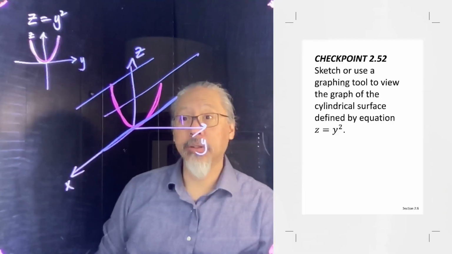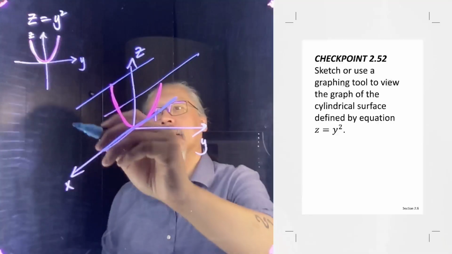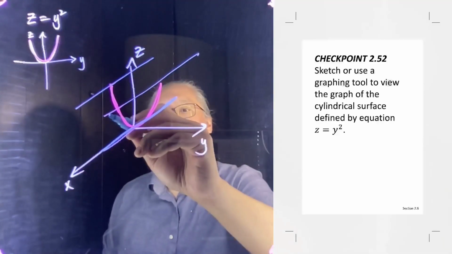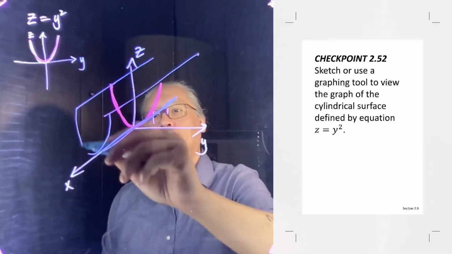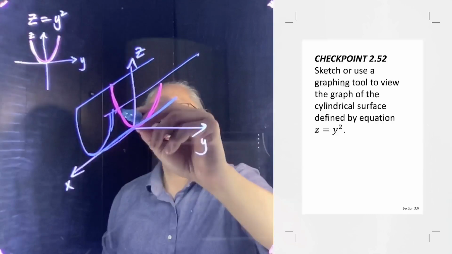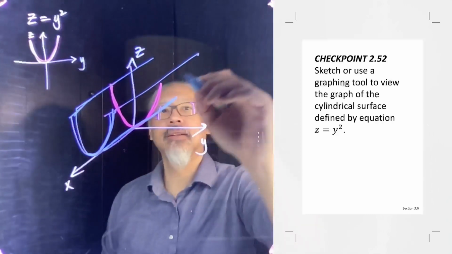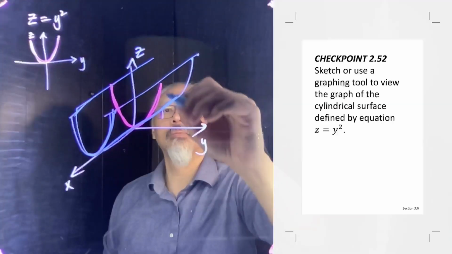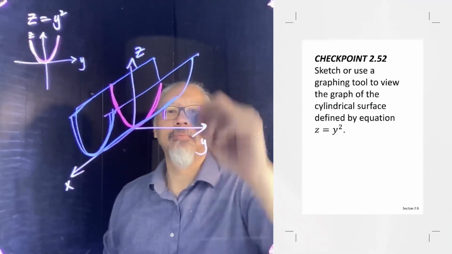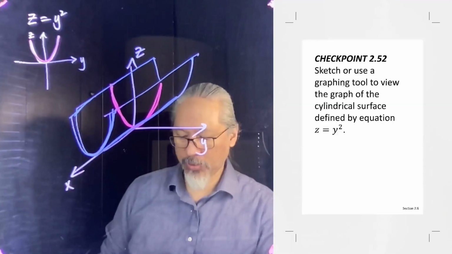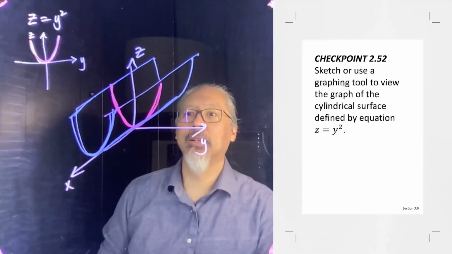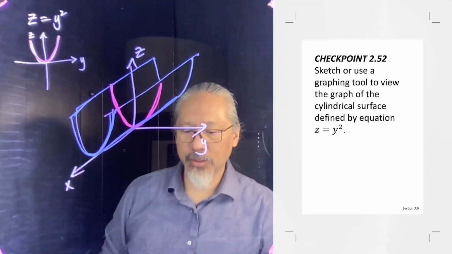And then to connect them, I would try to draw the same graph, so maybe it looks something like that over here as well behind, and then I have a trough-like shape that's open on the ends.